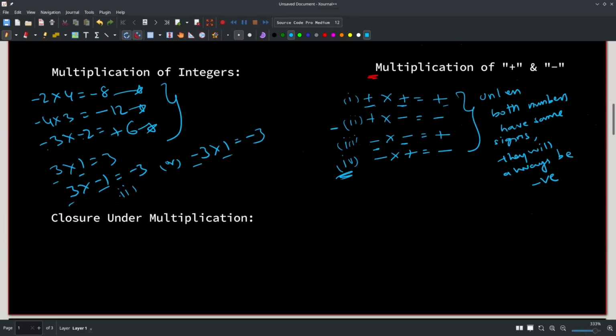Here you have a second rule where positive into negative is going to get you a negative. That is how you do your multiplication of integers.